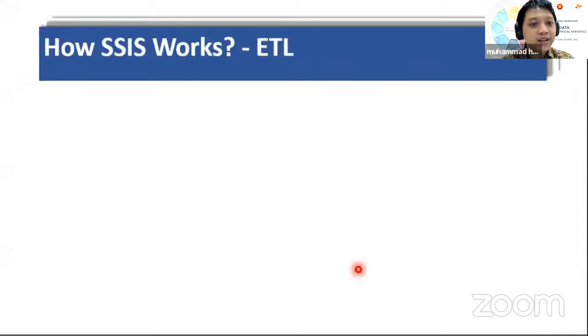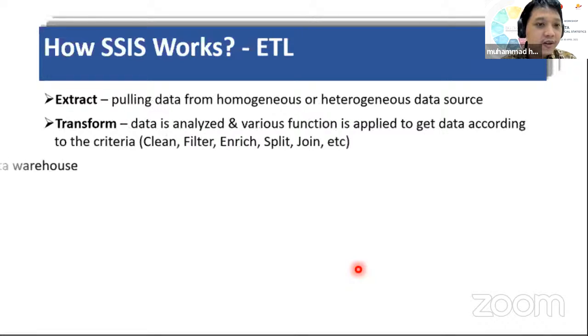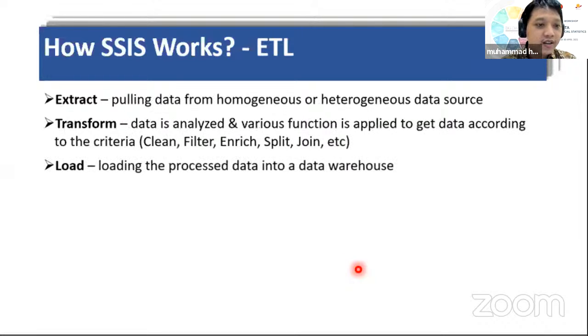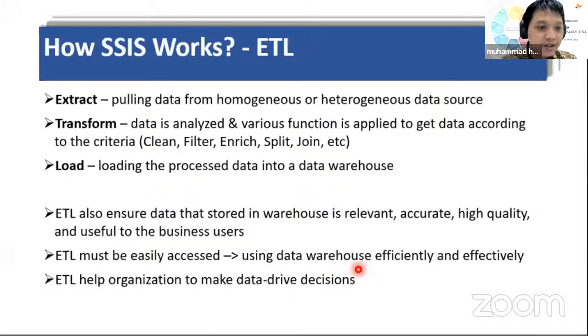And the second component is ETL, extract, transform, and load. The ETL also ensures that data stored in the warehouse is relevant, accurate, high quality, and useful to business users.